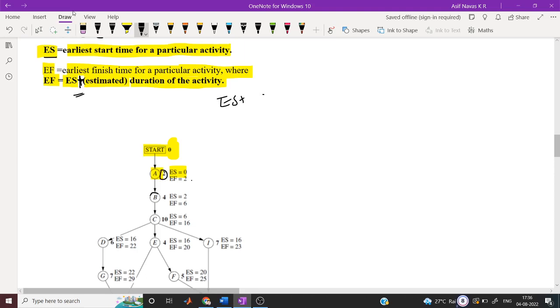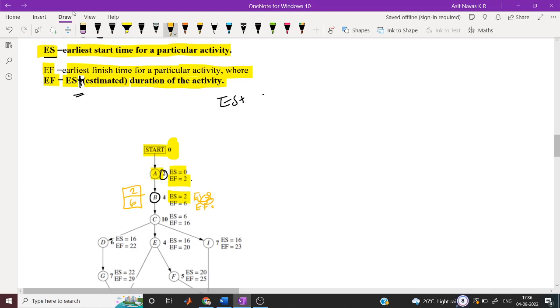Now for B, the earliest start time is the EF of the previous node, which is 2. ES is 2 and EF is 2 plus 4, 6.